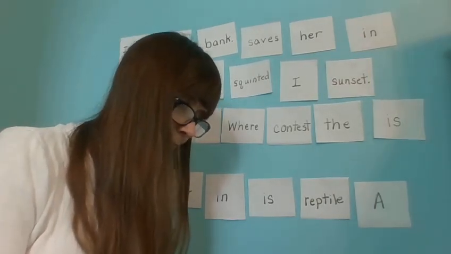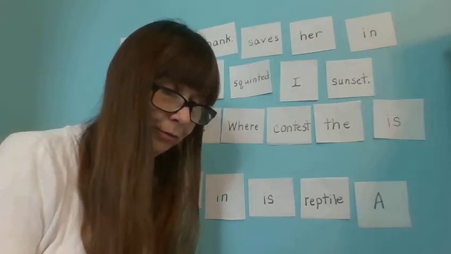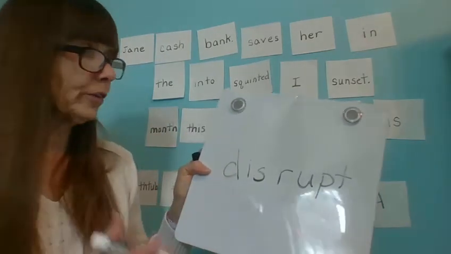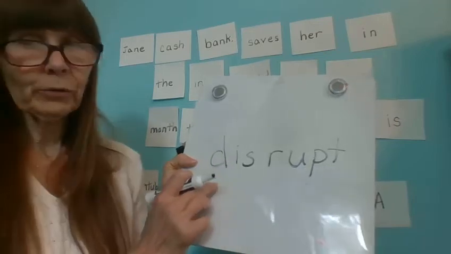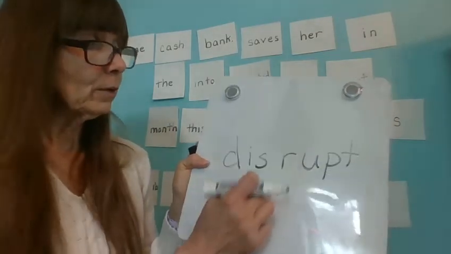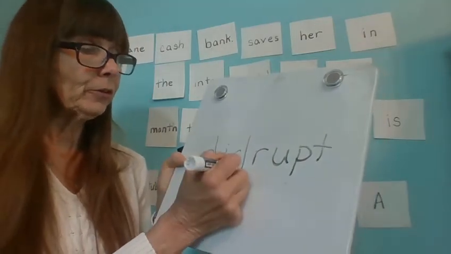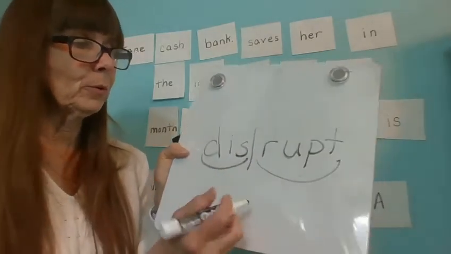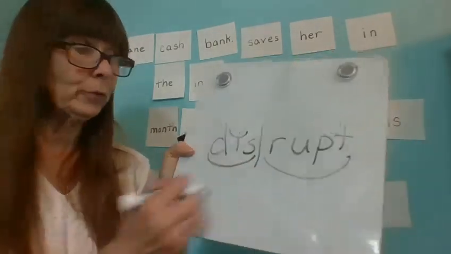Here's a word that has a prefix, sort of. If you understand word origins, that will make more sense to you. Here's a vowel, here's a vowel, so we're probably going to have two syllables. We're going to split between the two consonants right here. So here's our first syllable and our second syllable. We tap it out, d, because it's closed.